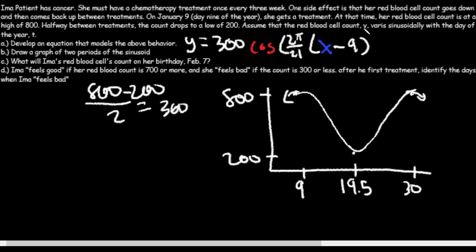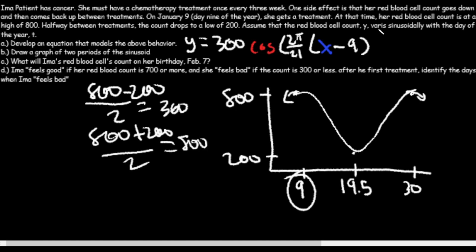So 9 is a phase shift because that's where the graph starts, the 9th day of the year. And plus d. To find d, you need the maximum plus minimum divided by 2. So this is 1000 divided by 2, which is 500, plus 500. So this should be the formula we need.